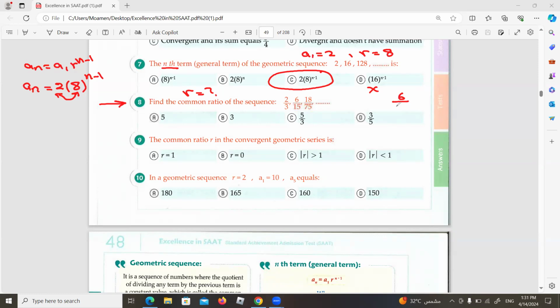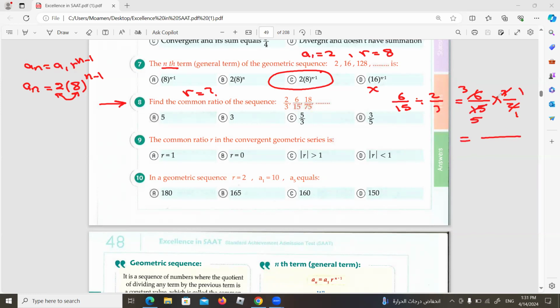So 6 over 15, the second term, divided by 2 over 3. We don't have to divide, we need to multiply. So 6 over 15 multiplied by 3 over 2. Just cancel: divide by 2 equals 1, divide by 2 equals 3, divide by 3 equals 1, divide by 3 equals 5.